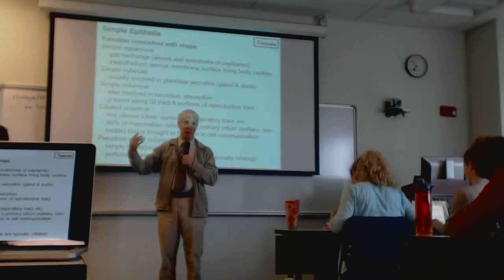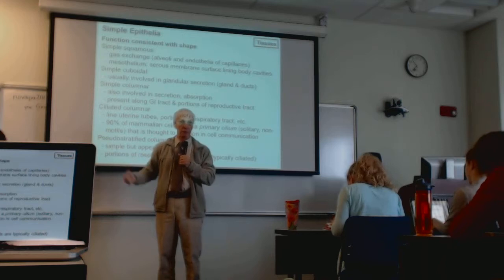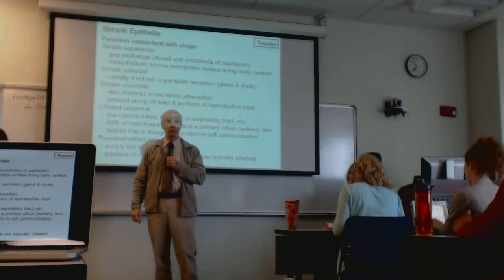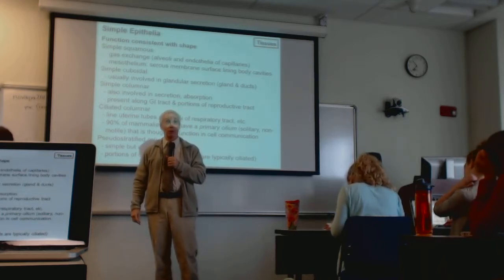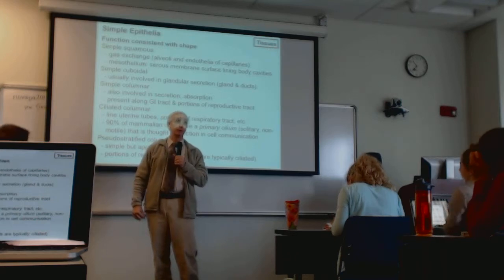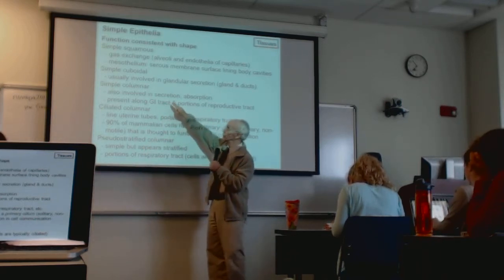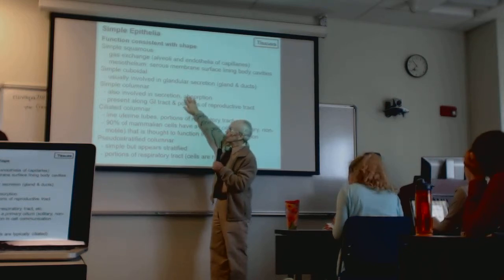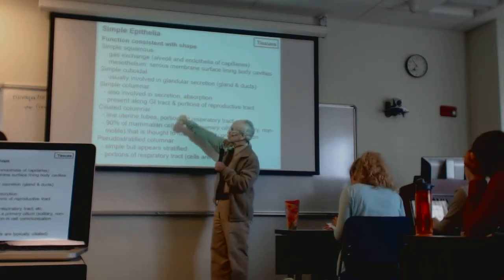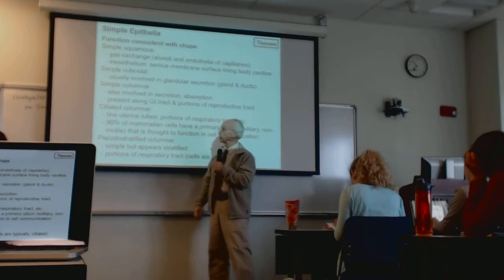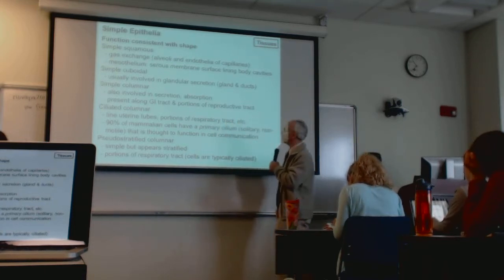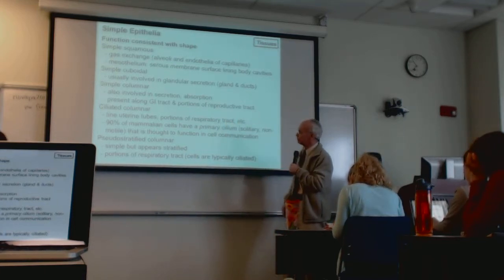They have a lot of enzymes that work on it and dispatch it and reformulate it. And likewise, they have to modify the substances that they discharge as secretory products. So very busy, lots of cytoplasm. These are very large cells for that reason. Simple columnar, again, typically along the GI tract and portions of the reproductive tract too.